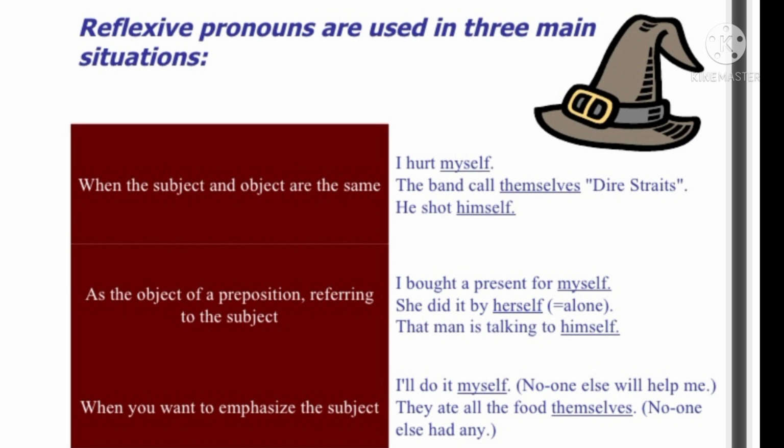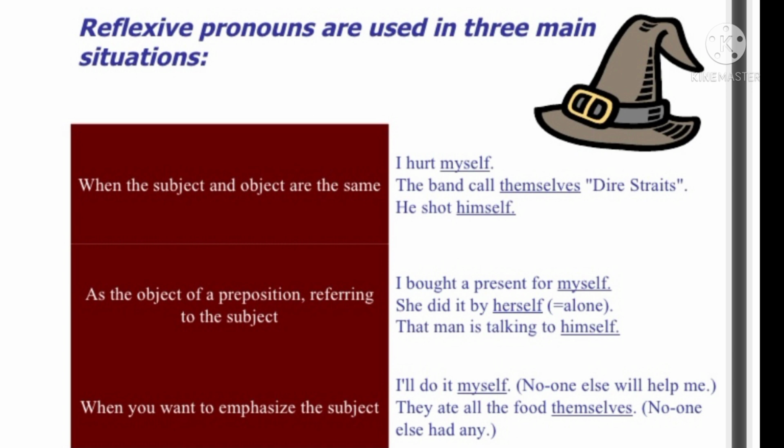The band called themselves Dire Straits. He shot himself. The next occasion when we use reflexive pronouns is as the object of a preposition referring to the subject. For example, I bought a present for myself. The preposition here is for. It is used just after the preposition.